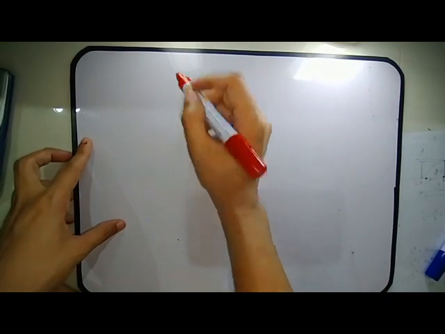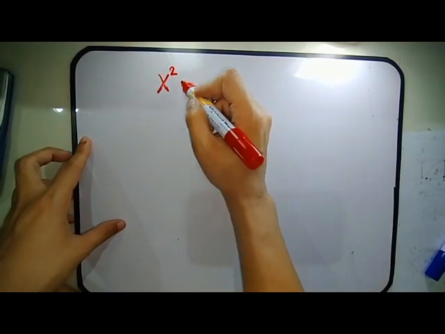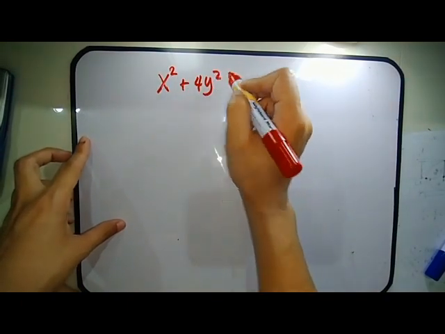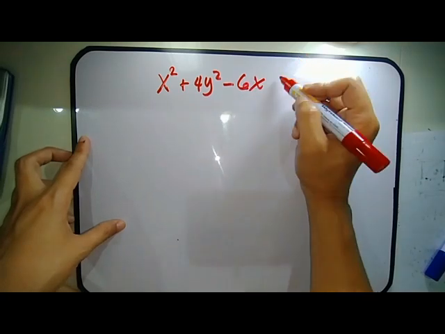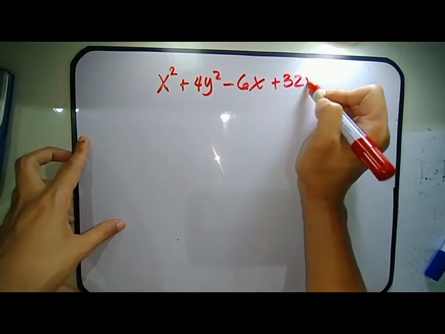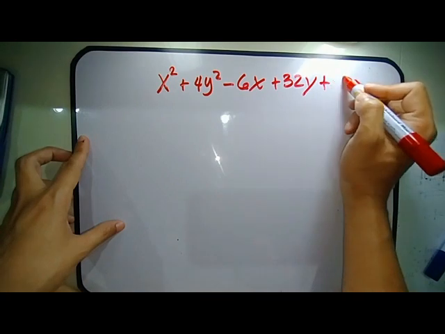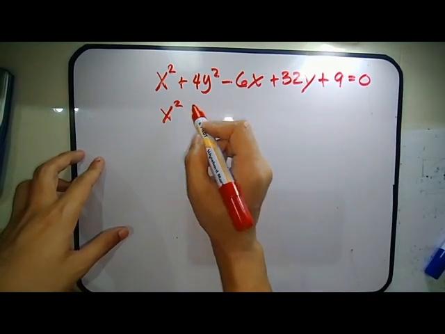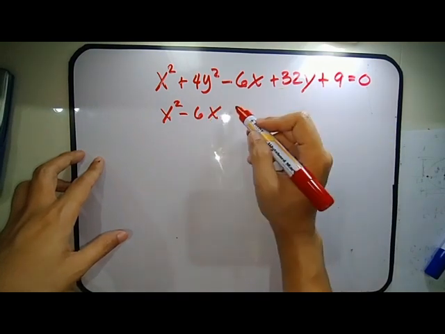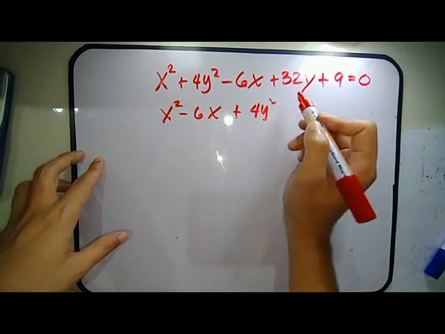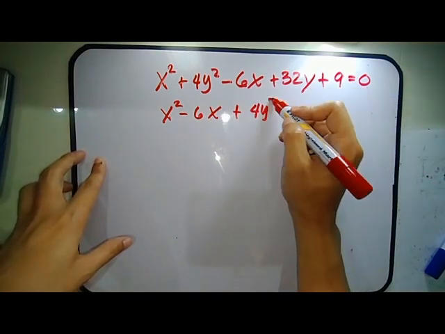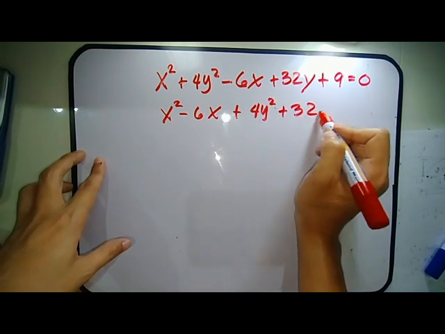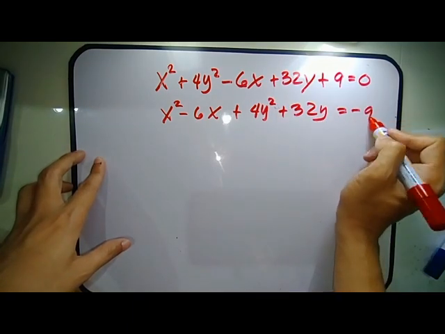Our curve, guys, is x squared plus 4y squared minus 6x plus 32y plus 9 equals 0. So let's group first. x squared minus 6x, plus 4y squared plus 32y equals negative 9.